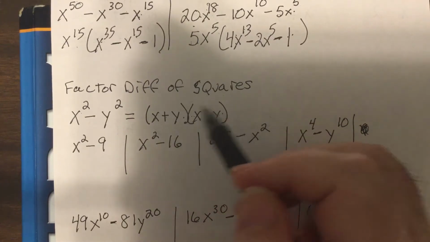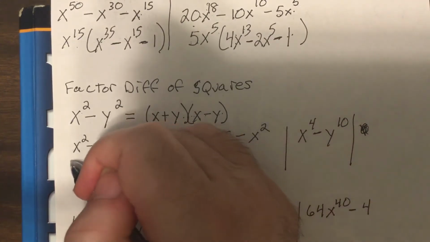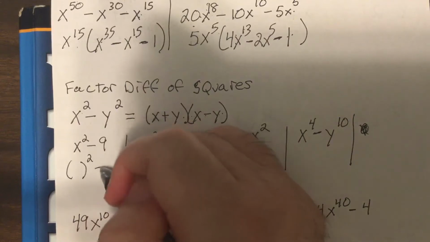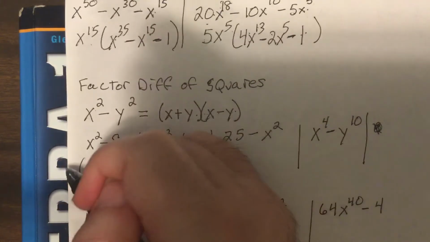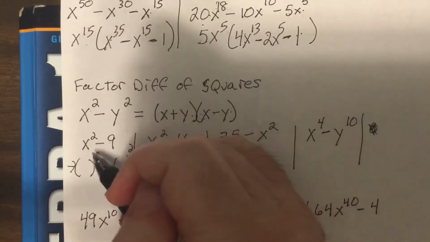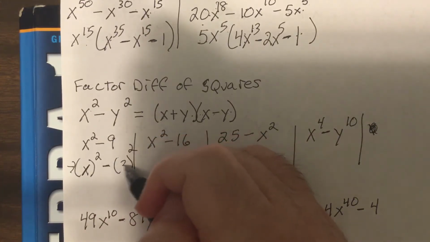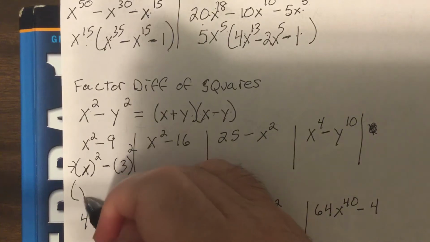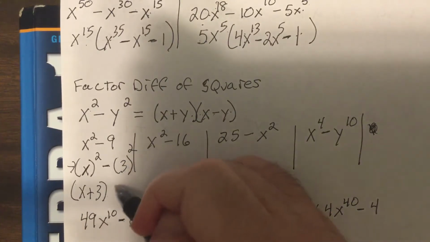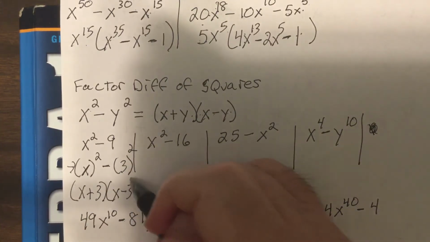Y times minus y is minus y squared. So if I can show I have a square minus a square, you do not need to show this step. But what do you square to get x squared? X. What do you square to get 9? 3. So it's x plus 3, x minus 3.